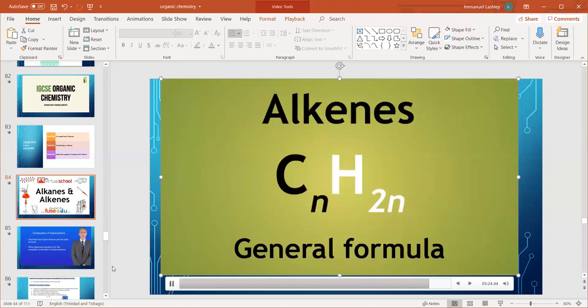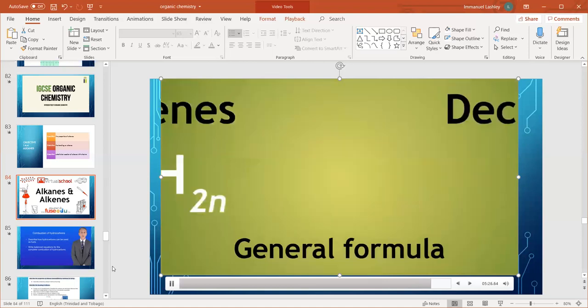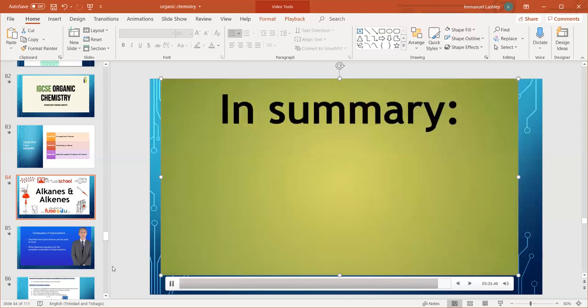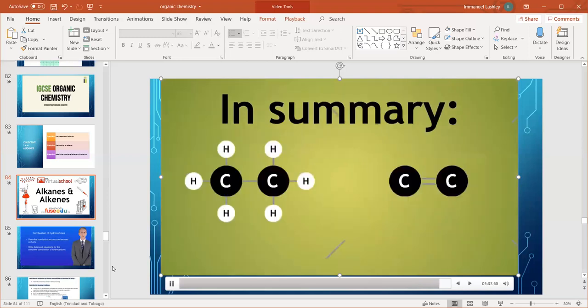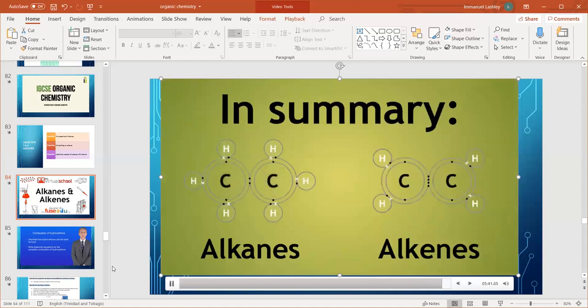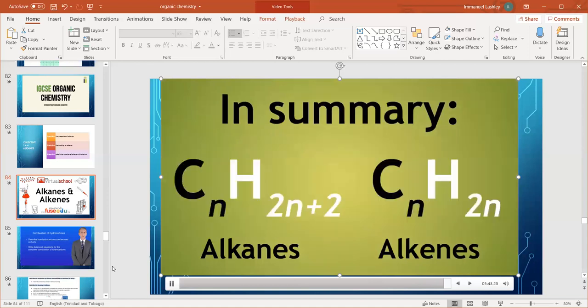So, as an example for decene, the molecular formula would be C10H20. Now, at the end of this tutorial, you should have a better understanding of the bonding in the alkanes and alkenes, and how each homologous series follows the pattern given by its general formula.